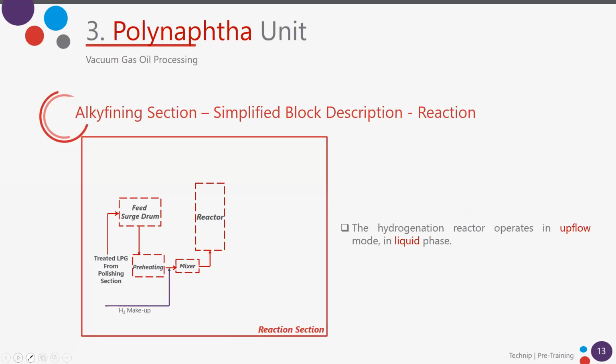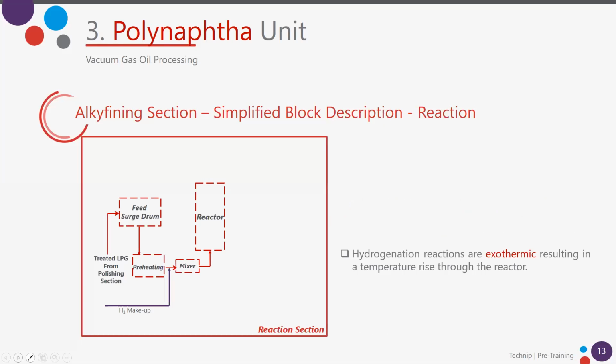Okay, the reactor operates in liquid phase. The hydrogenation reactions, remember that we are going to hydrogenate the butadiene, that is a poison for the oligomerization section, the next section in the unit. So we are going to hydrogenate this butadiene.